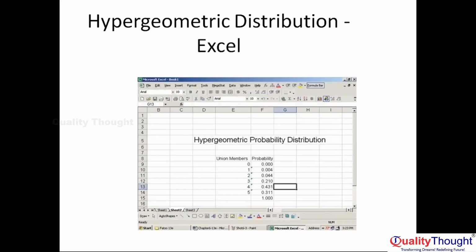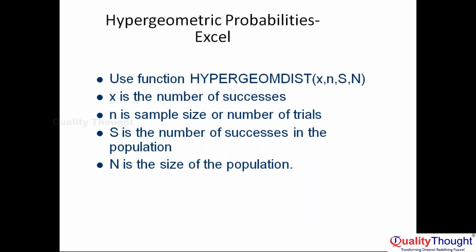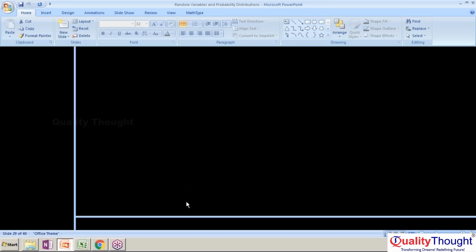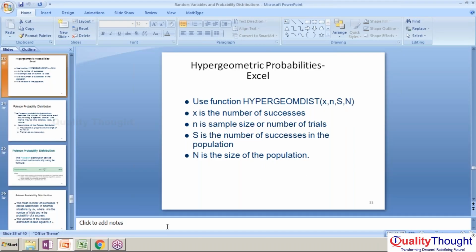Shall we look at this hypergeometric probability distribution using the Excel sheet? Here we do have the function. Let us try to work on the same hypergeometric function.